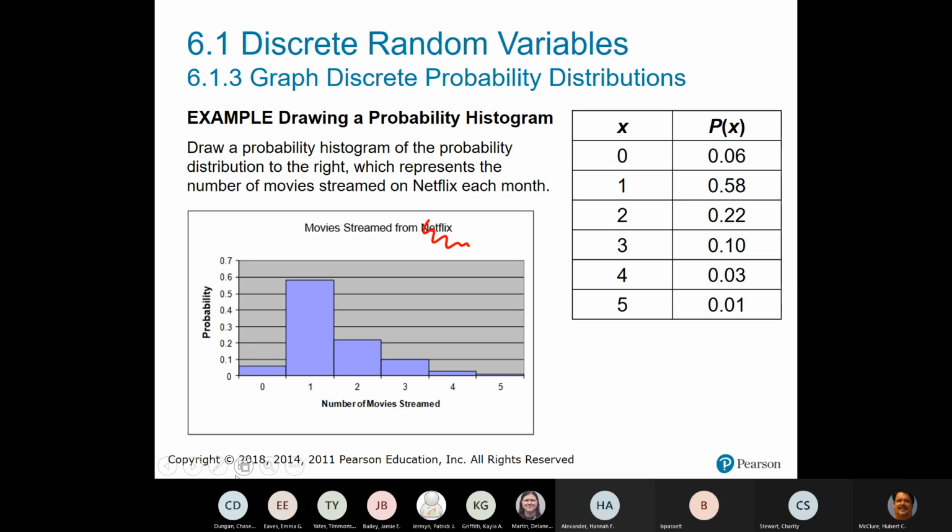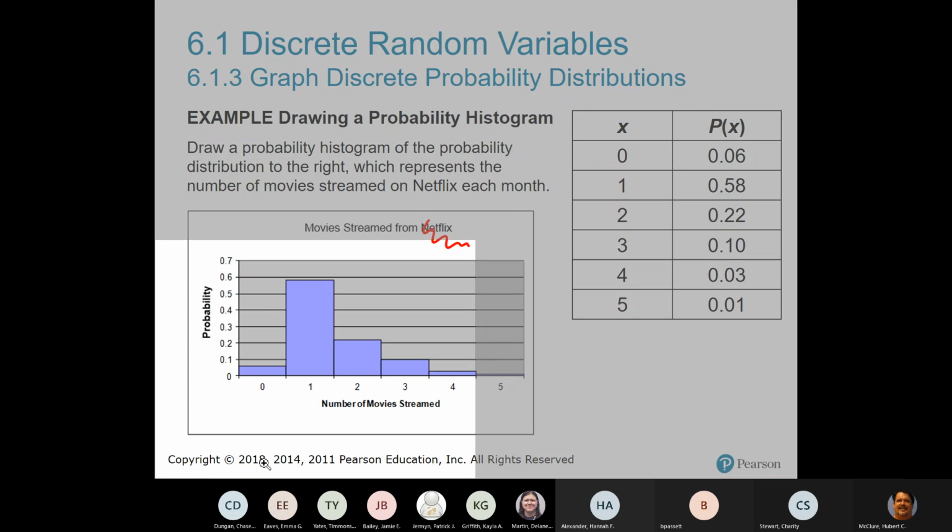Can y'all see the pointer? Yeah, that's good. All right, let me erase this. How do I erase it? Just go to the next page, I guess. I guess this comes with PowerPoint.